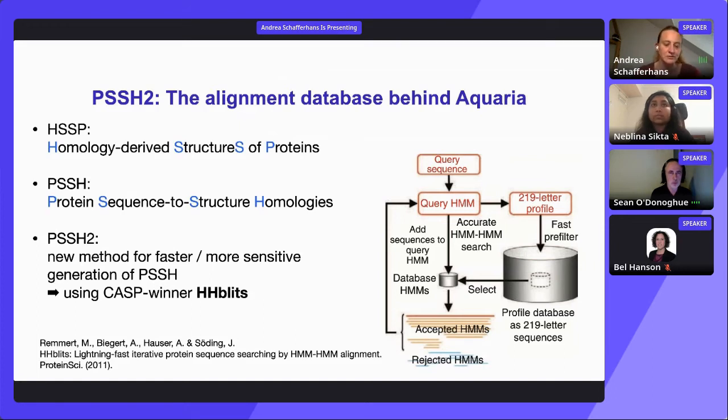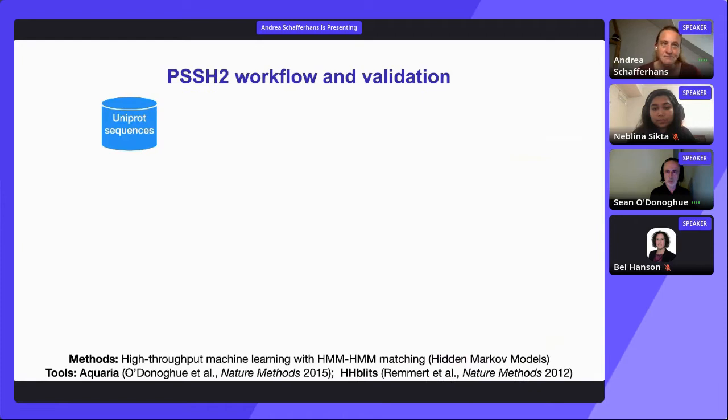So for a given sequence, first a hidden Markov model is generated, so a sequence profile, but it also uses a neat trick of converting this hidden Markov model into a kind of profile sequence, which makes rapid searching really easy. And so this is the technology we're using in order to generate our protein sequence to structure alignments.